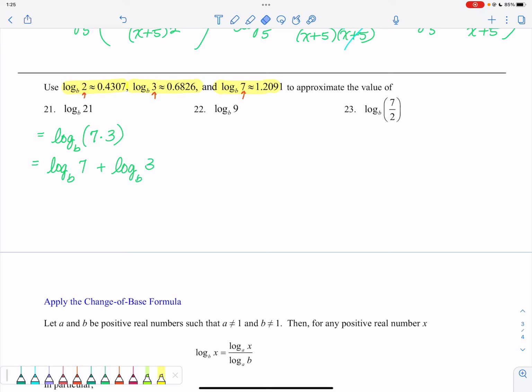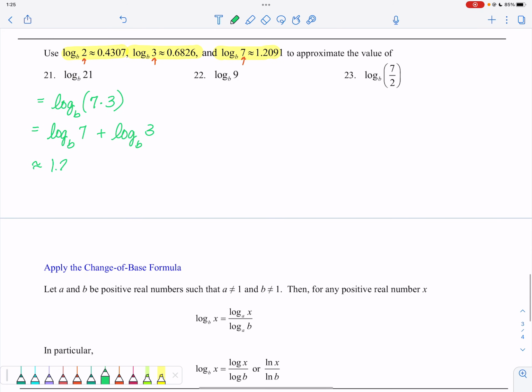And now we can use the values that were given to us, 1.2091 plus 0.6826, and that's equal to 1.8917.